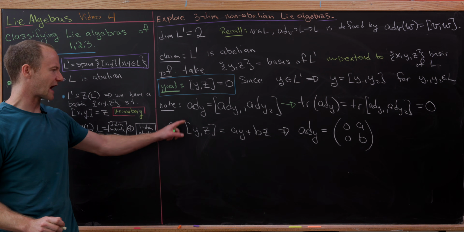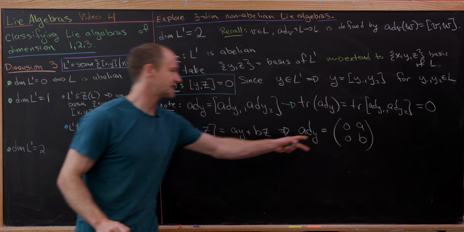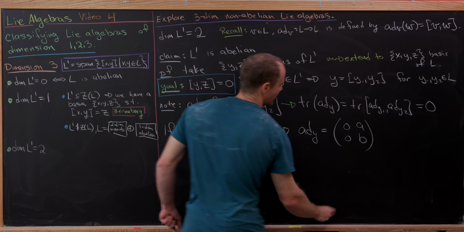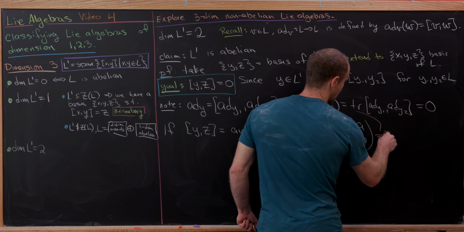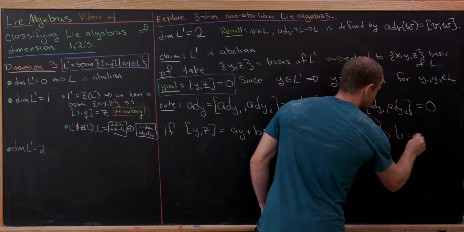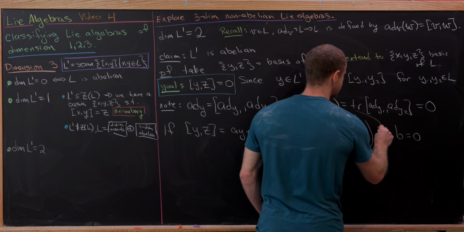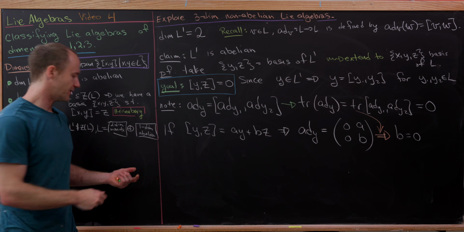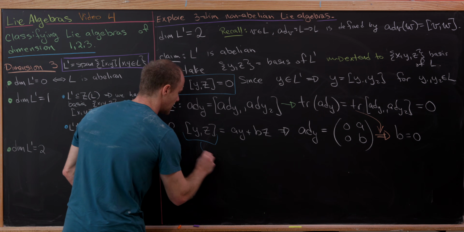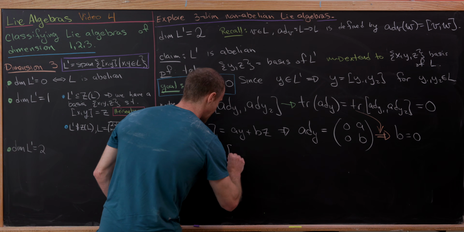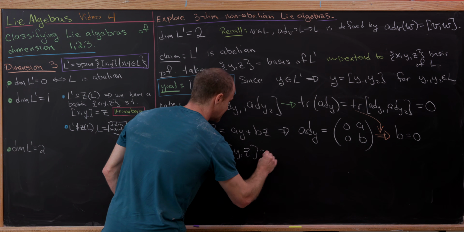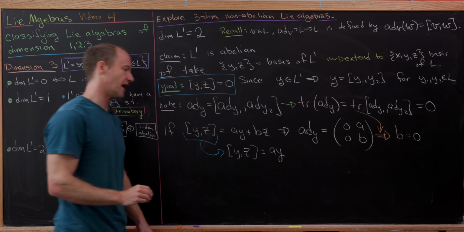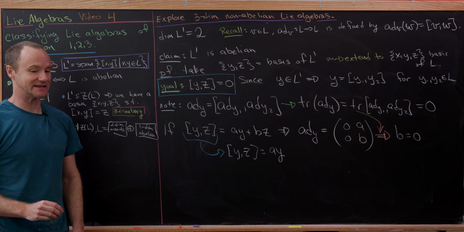That's because the bracket of Y with itself is 0, which gives us this 0 column right here. But this result tells us that b must be equal to 0 because the trace is equal to 0. So b plus 0 is equal to 0. Applying that here, we see that the bracket of Y with Z is in fact equal to a times Y. Now we just have to show that a is equal to 0.